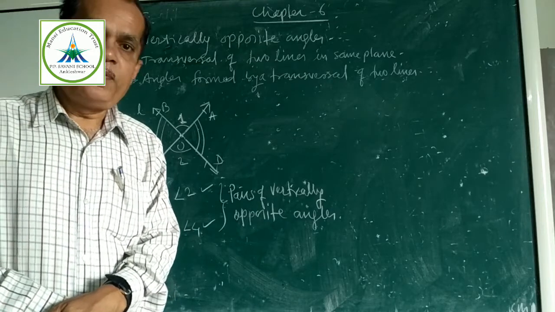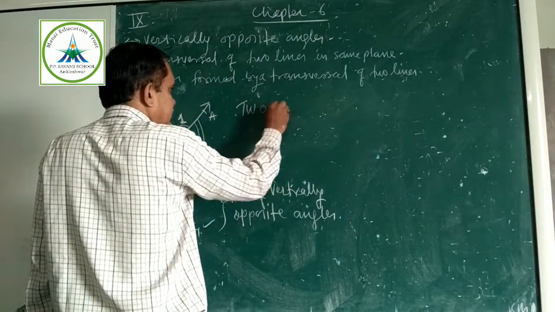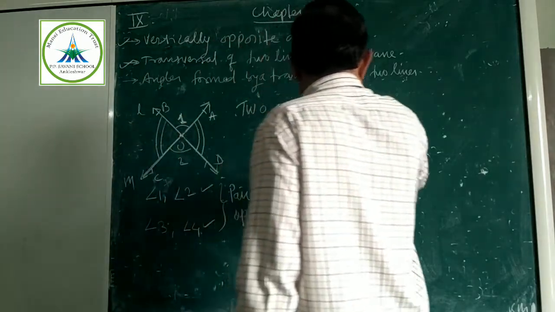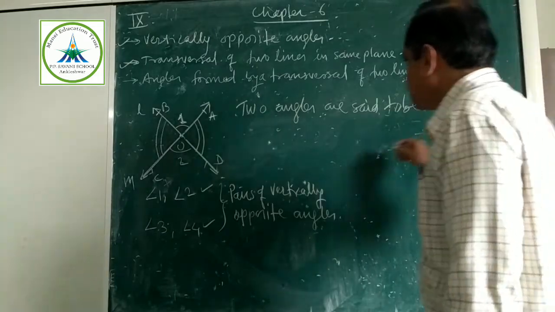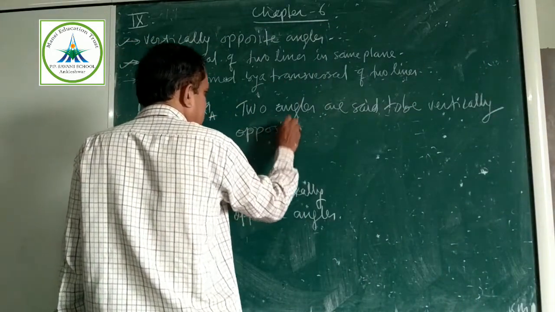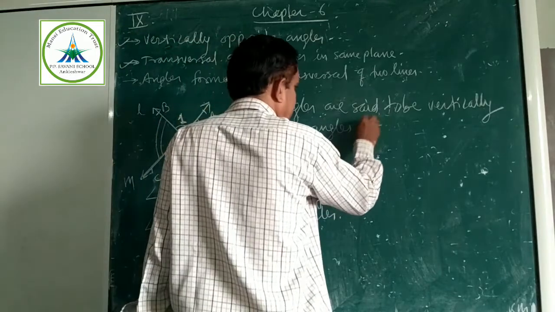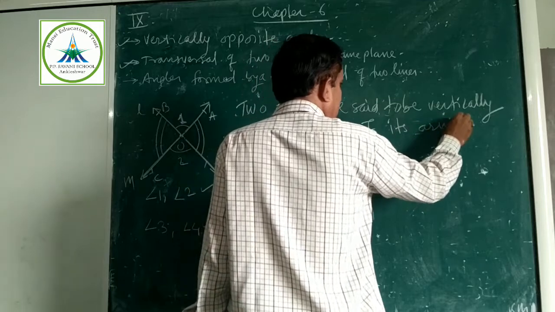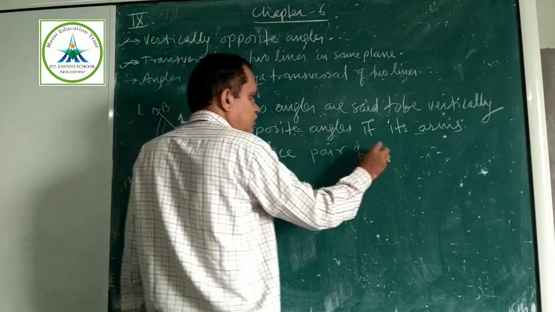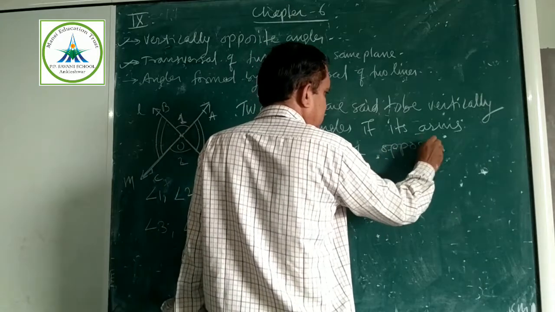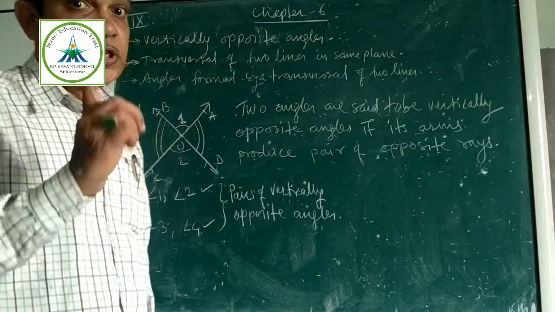Now writing in words: two angles are said to be vertically opposite angles if their arms produce pairs of opposite rays.